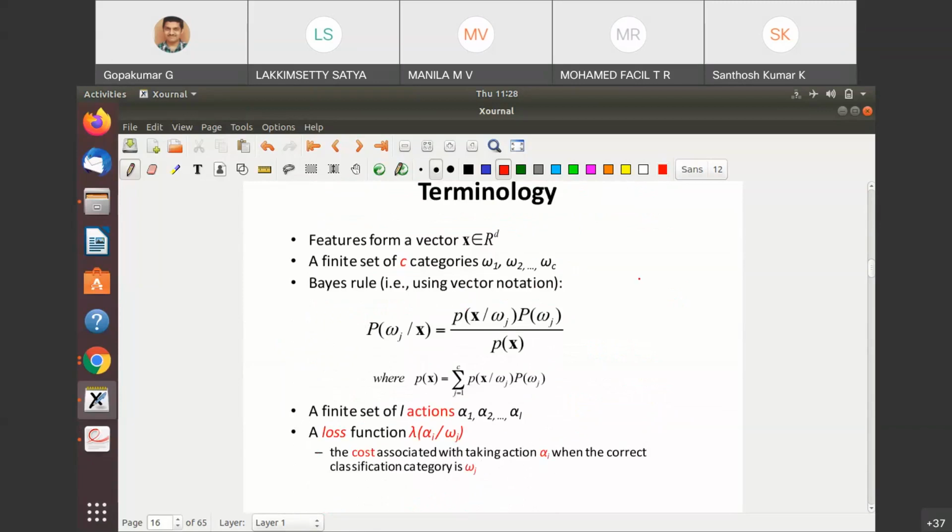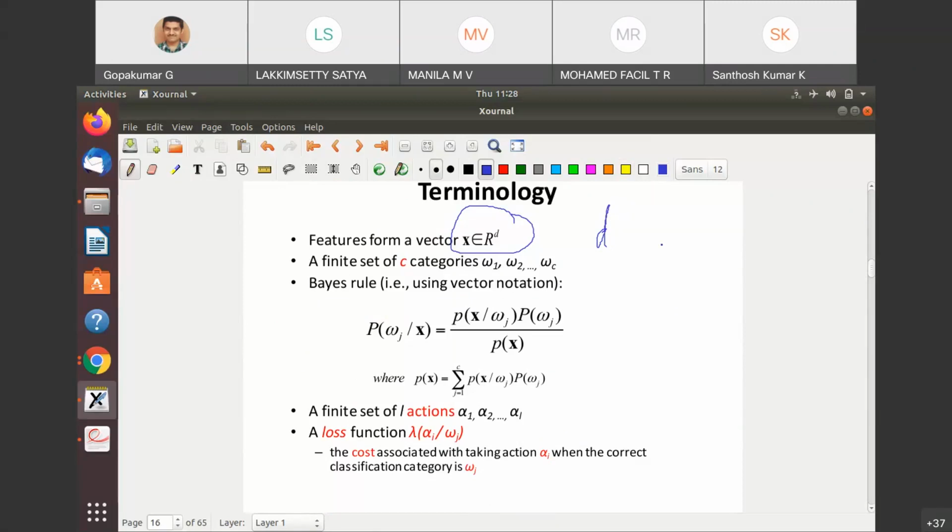When it comes to more than one variable, let us say we have a feature vector x, which is an element of the Euclidean space R raised to d. That means we assume it is a d-dimensional feature vector.